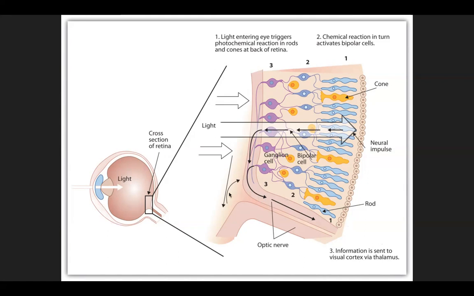So it's really important to understand that light has to figure out its way past all these cells before going onto these photoreceptors, and then output information goes back. And these three cells just work together in a group to be able to process this visual information.